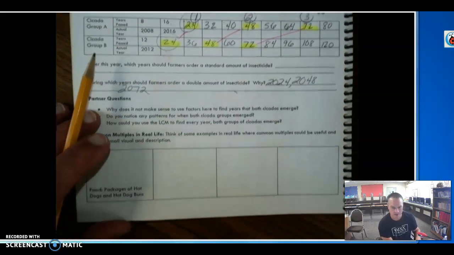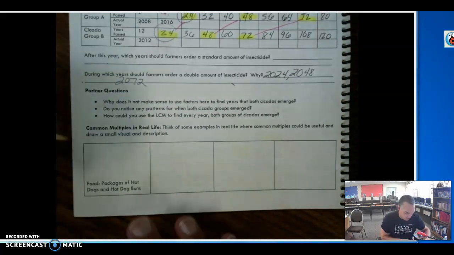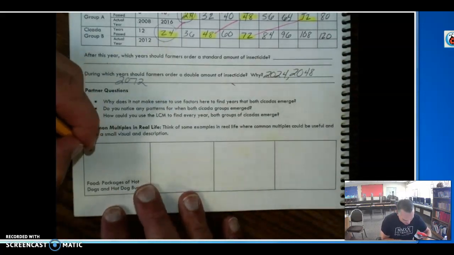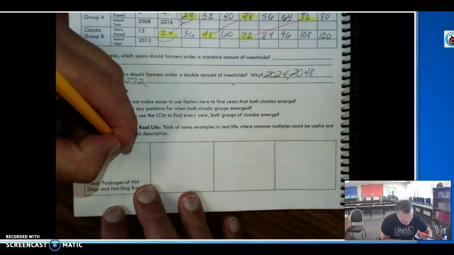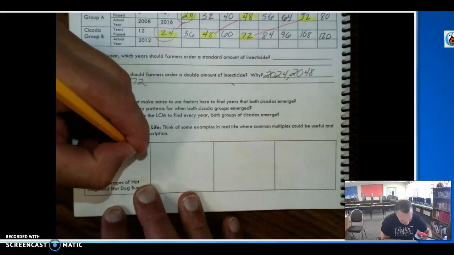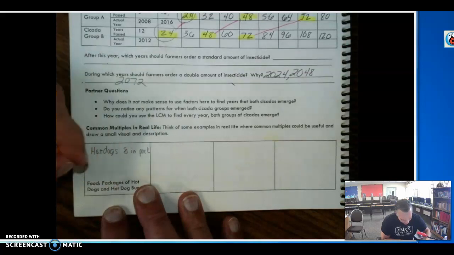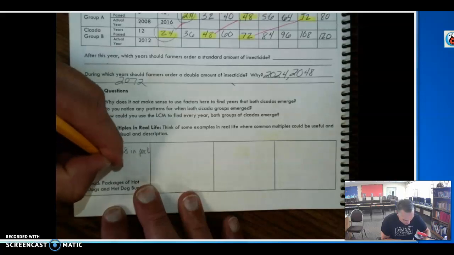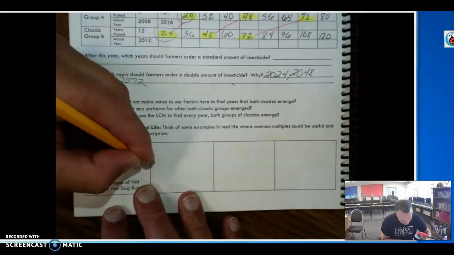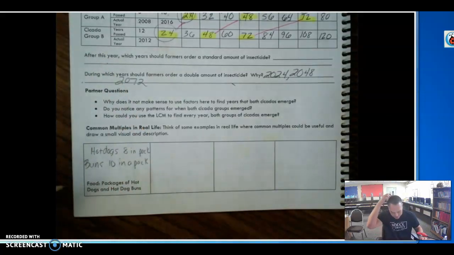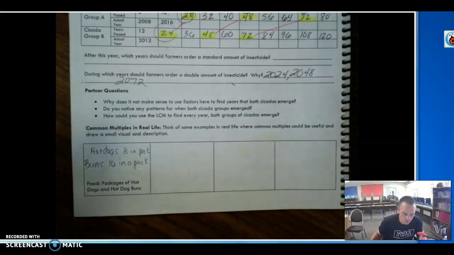So down here, talking about packages of hot dog buns, I want you to imagine that hot dogs are 8 in a pack, and buns are 10 in a pack. Okay, so now we have 8 and 10 in a pack, and I'm going to show you a different way to solve this.